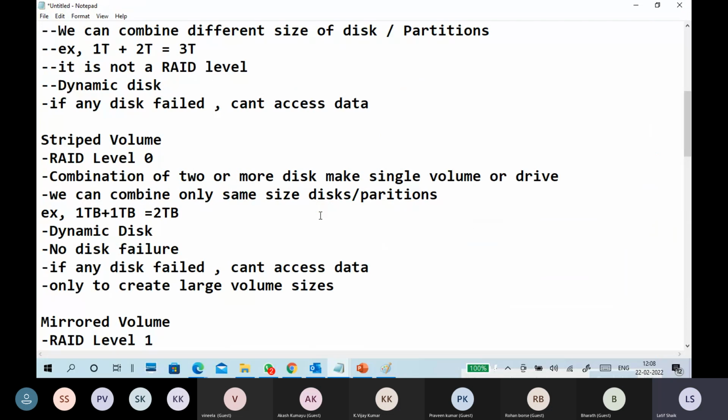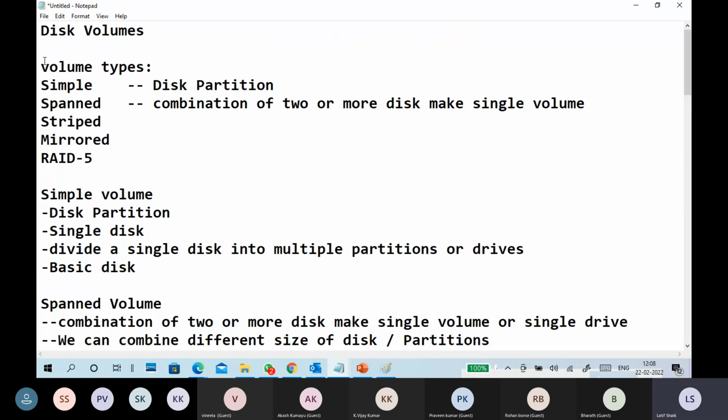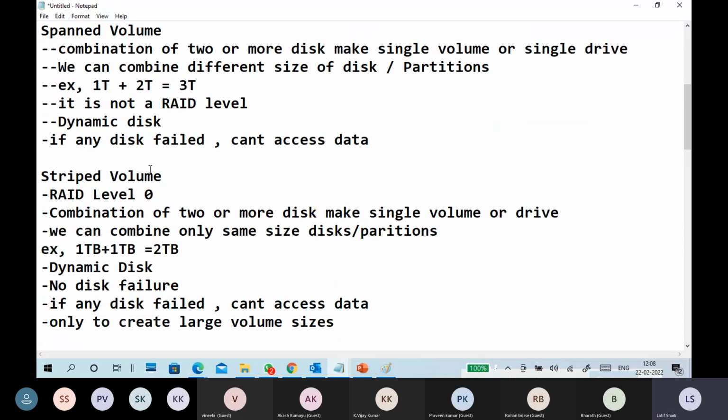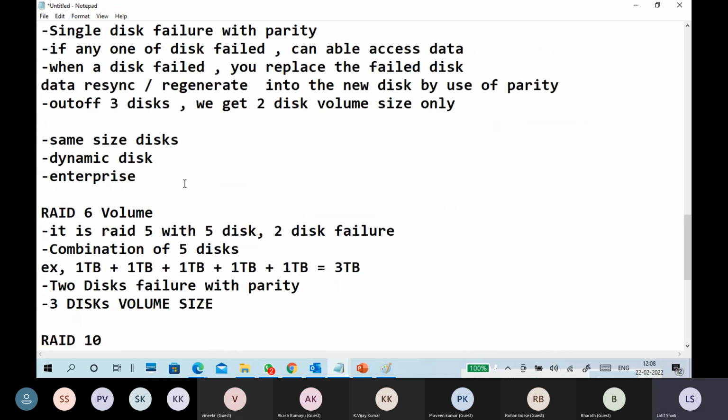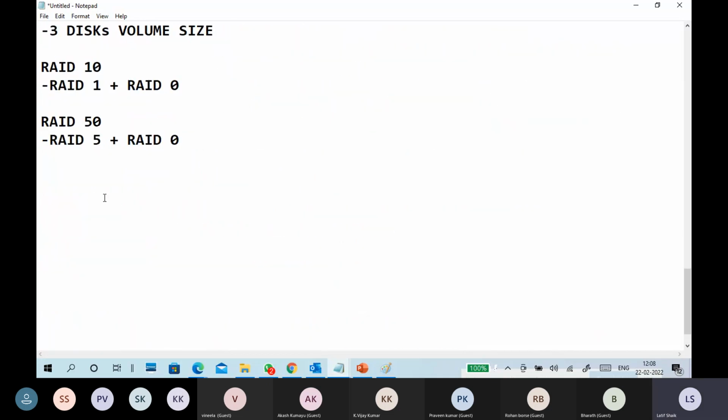I started with volume types. That's why I told simple volume, spanned volume first. But in RAID levels, when it comes to RAID, I use the word RAID so many times, but what is this RAID? We never gave an abbreviation for that.